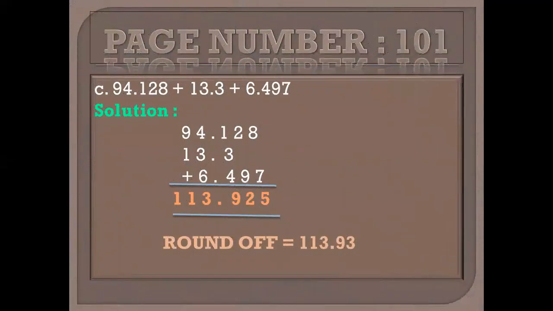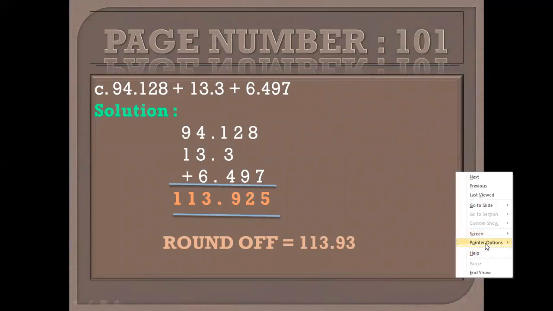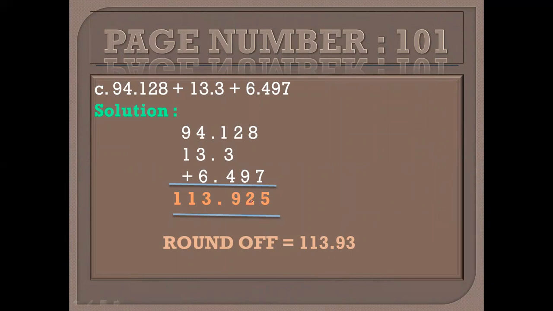Again, three terms are given, and the operation is plus. 94.128 plus 13.3 plus 6.497. After adding these numbers, we see that our answer is 113.925. Again, on the thousands place, there is 5.